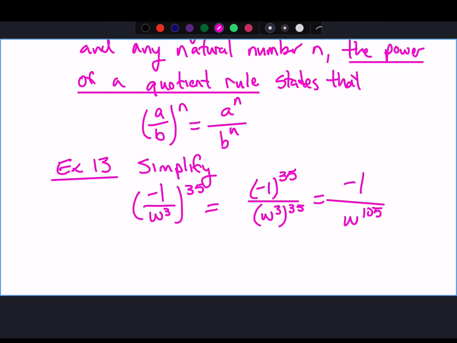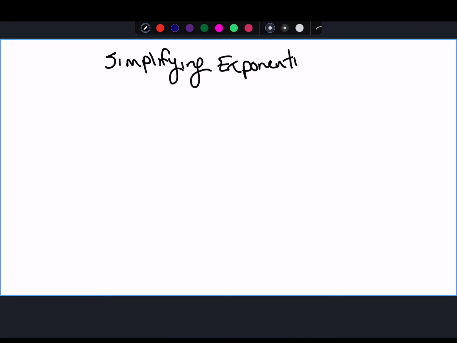Okay, now that we have all of these new rules in our toolbox, let's use some of them together for simplifying exponential expressions. And this is example 14.